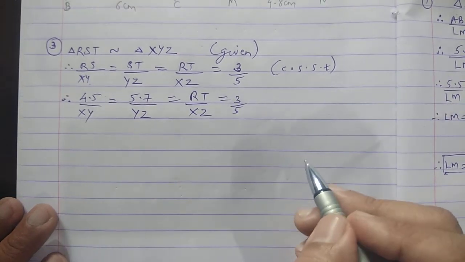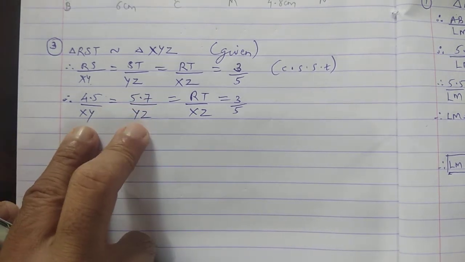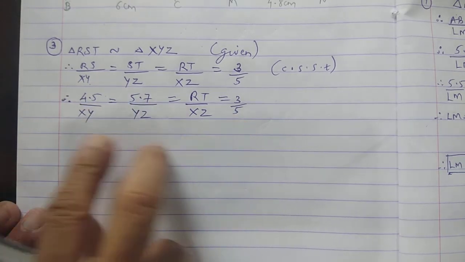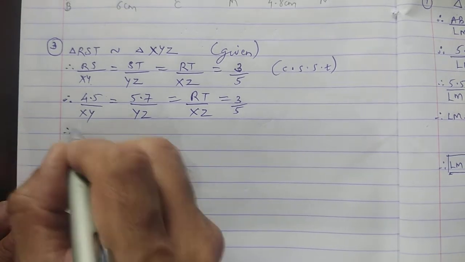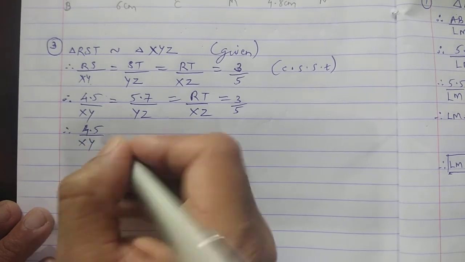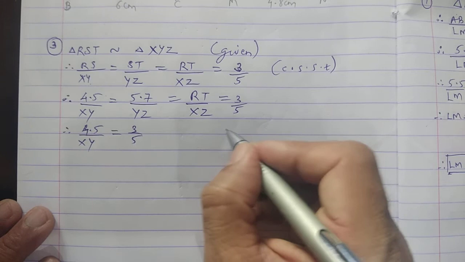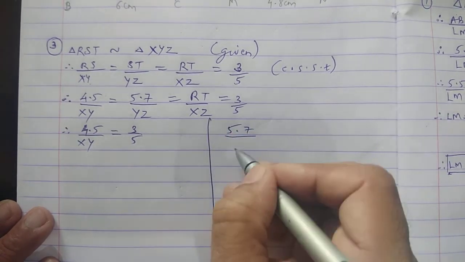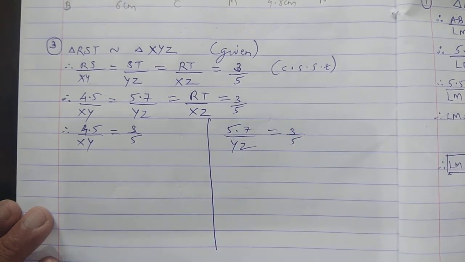And now just do the cross multiplication of these two ratios, whose one value is known to us with 3 upon 5, to get the remaining two sides of triangle XYZ. So write next line, therefore 4.5 upon XY equal to 3 upon 5 and the other ratio is what? 5.7 upon YZ equal to 3 upon 5.